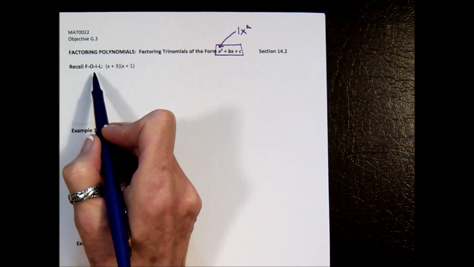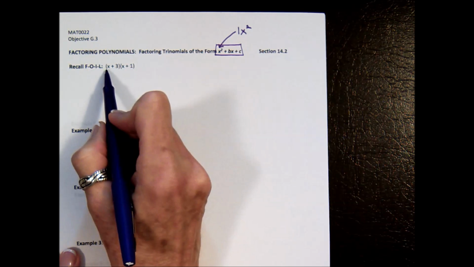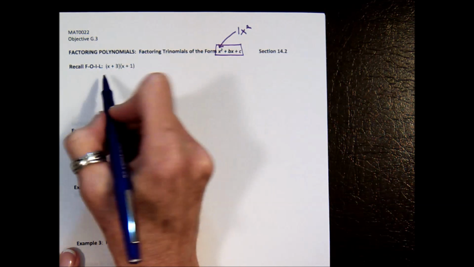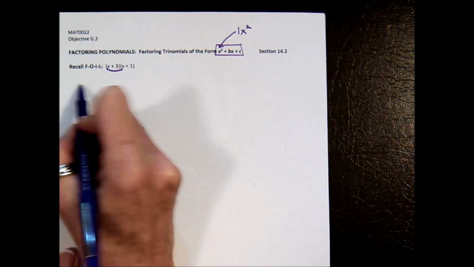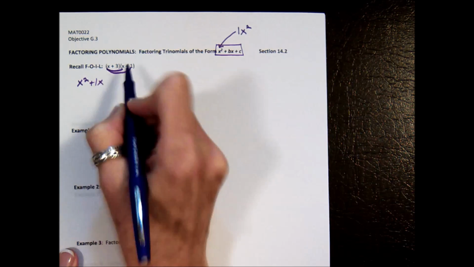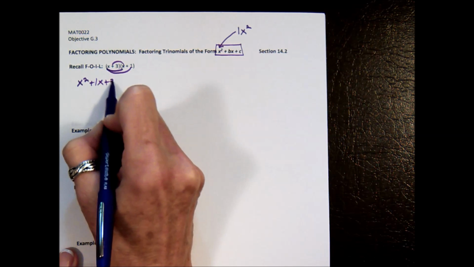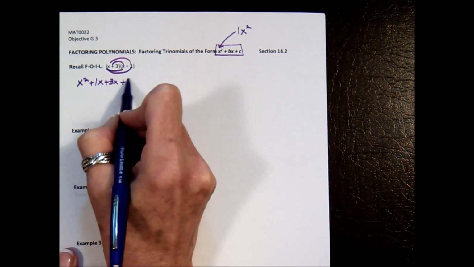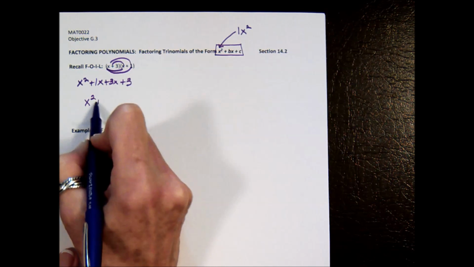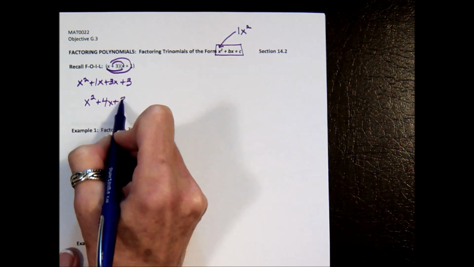If you'll recall the FOIL process, you have two binomials being multiplied times each other, and what we do is we say first, outside, inside, and last, and then we combine like terms, so x squared plus 4x plus 3.